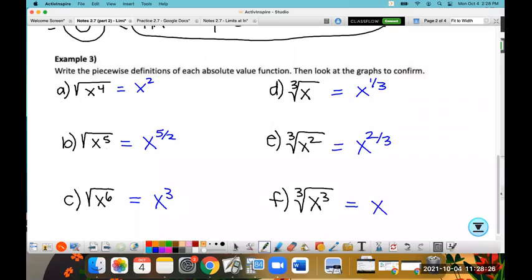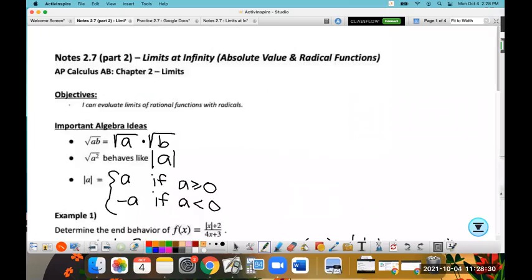So before we talk about the absolute value signs, remember at the very beginning, we talked about how the square root of a squared technically simplifies to a, but because the inside is squaring and making it positive, it technically behaves like the absolute value of a, making everything positive.